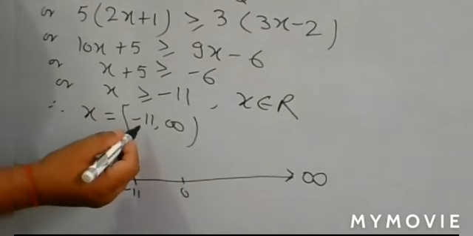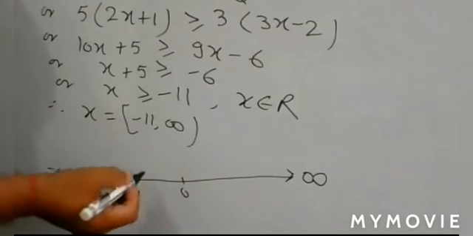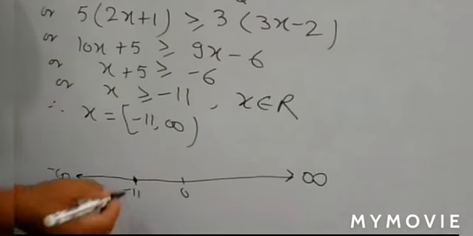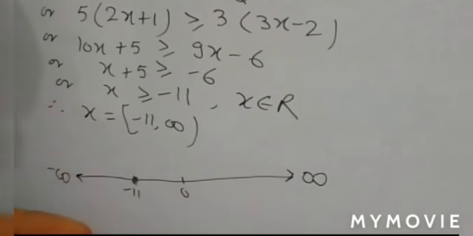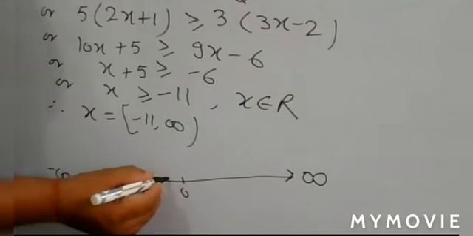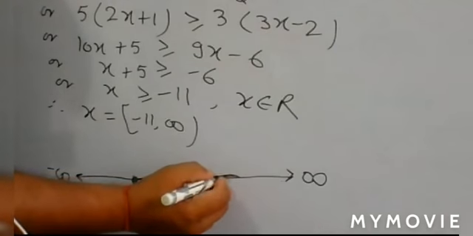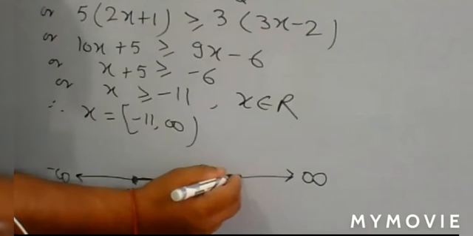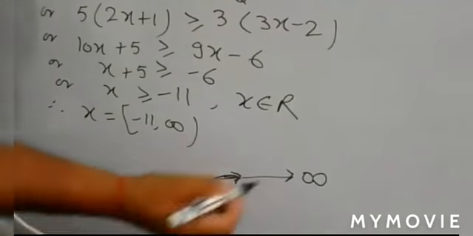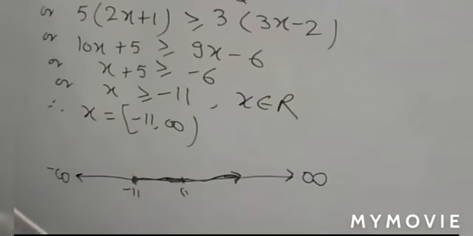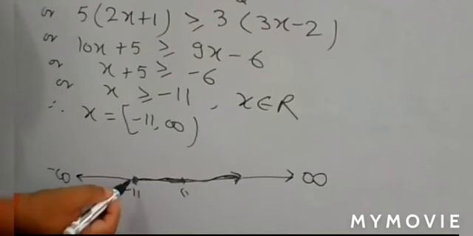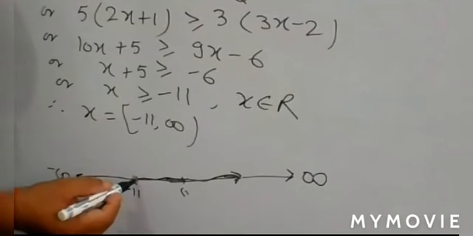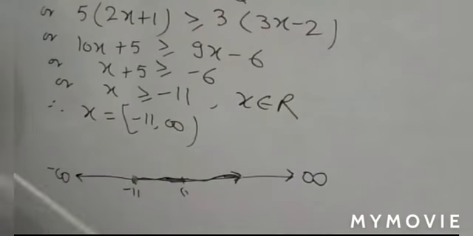Here you see that the point -11 is included, so you have to make a dark circle, and then you mark an arrow towards the right side. Just bold it. In this way you have your solution. At the -11 point you make a dark circle, meaning that point is included here. Right.